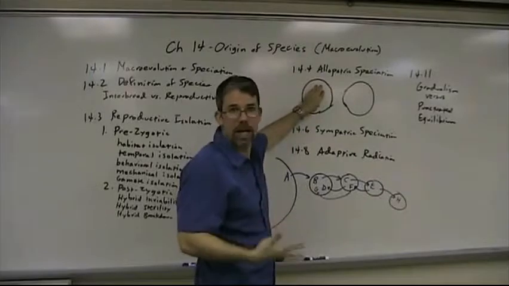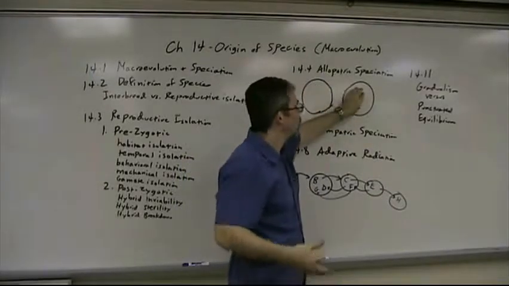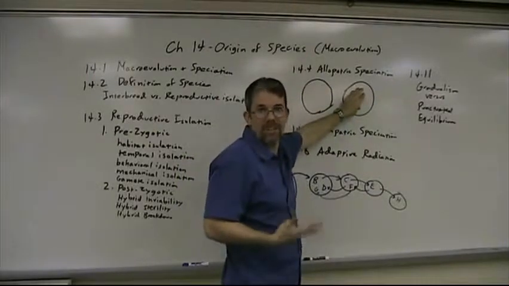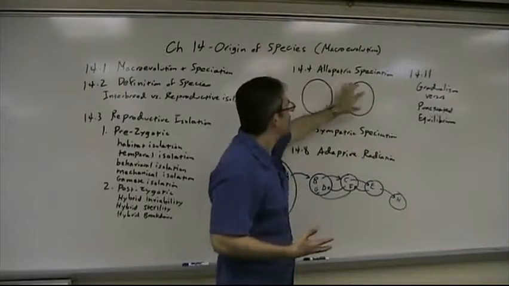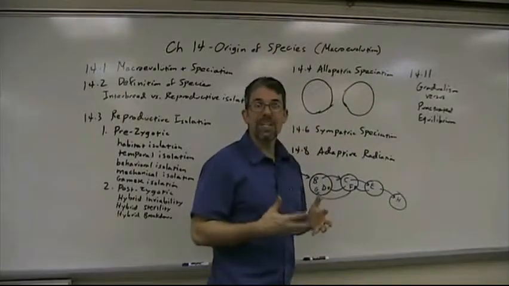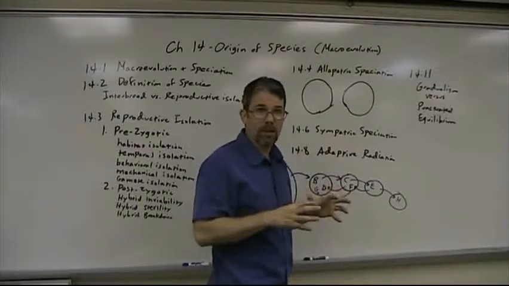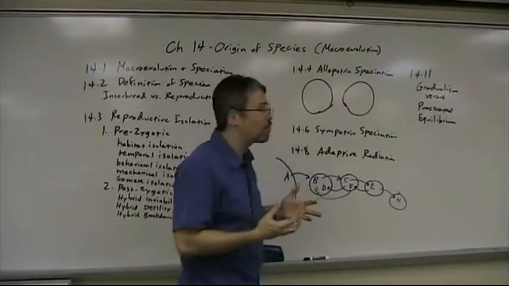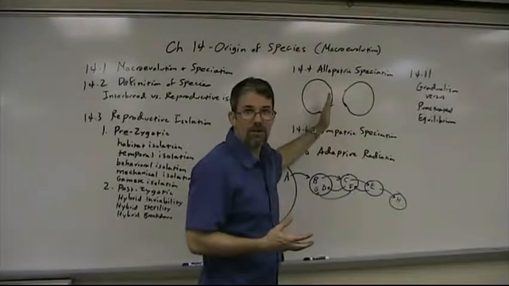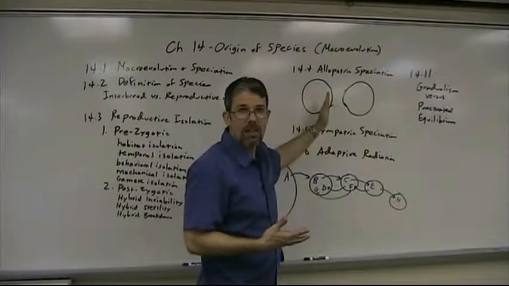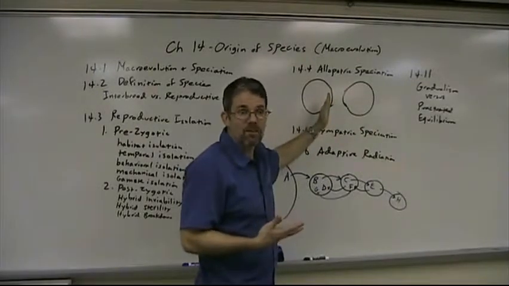Microevolution, drift, selection, whatever. What can happen in this one? Microevolution, drift, selection, whatever. What happens is that they are undergoing microevolution independently, and they become more and more genetically different from each other. And if they become genetically different enough to where they are no longer interfertile, even if they do coexist in the same place, then they have speciated.